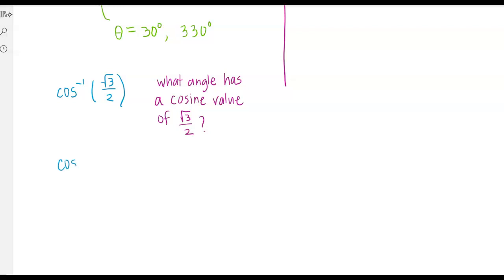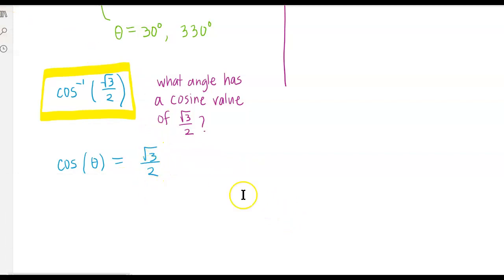Again, we could write it this way: cosine of what angle equals square root 3 over 2. And in the calculator, and we'll see this on Desmos in a minute, we can enter it just like this.